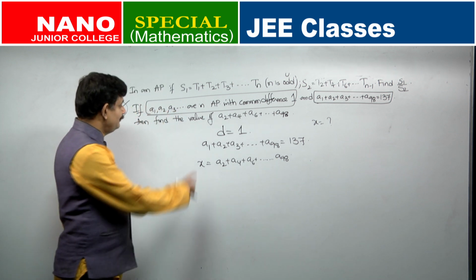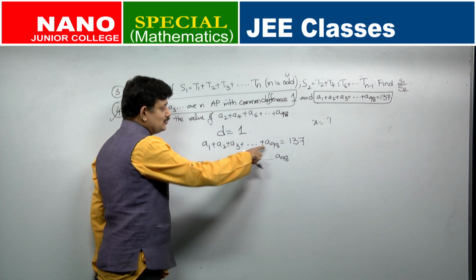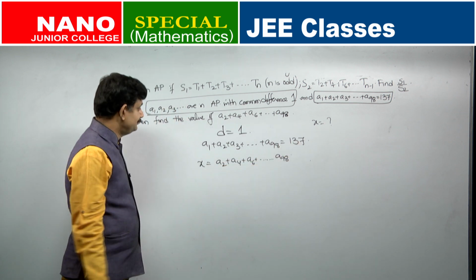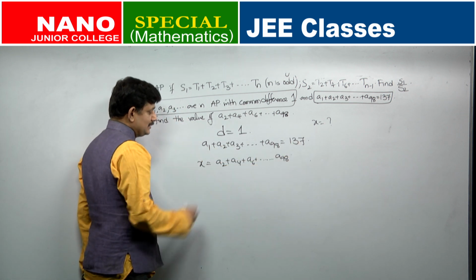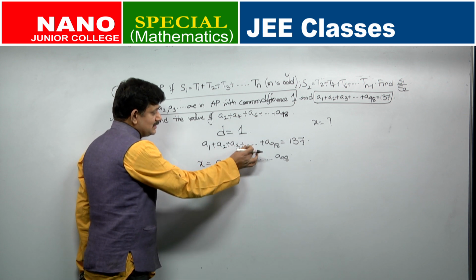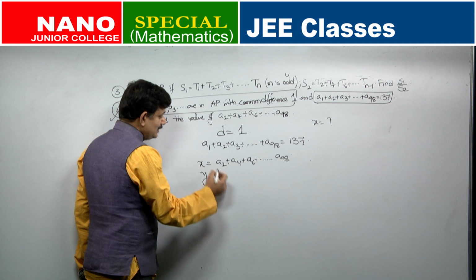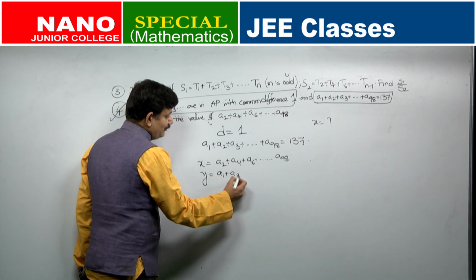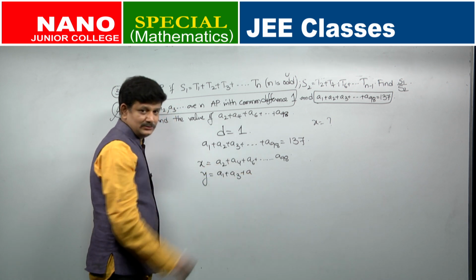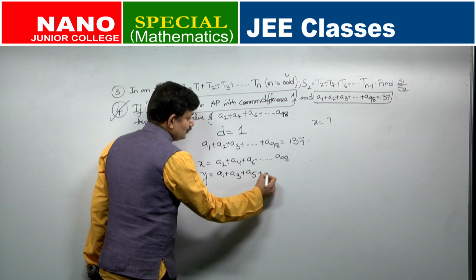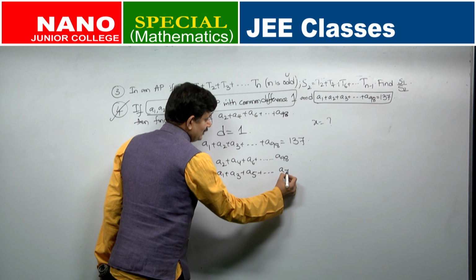Now, what is given? A1 plus A2 plus A3 and so on up to A98 is given to be 137. Yes or no? Now, in this there are two parts. One is A2 plus A4 plus so on, which I called x. Another part is A1 plus A3 plus A5 and so on up to A97, the sum of all odd terms, and x is the sum of all even terms.